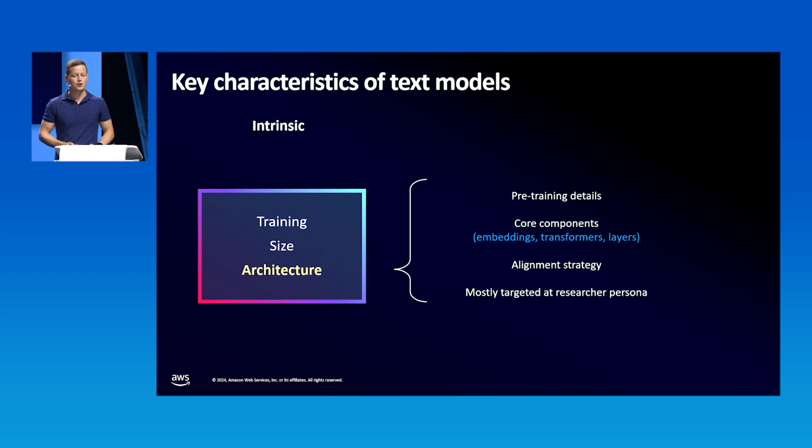And then we have the architecture, which is the way that the model is organized, including its neurons and layers. So the architecture determines how the model is going to process input data, learn from patterns, and make predictions. So we have different architectures in the market, like encoder, decoder, only decoder, or now a mixture of experts.